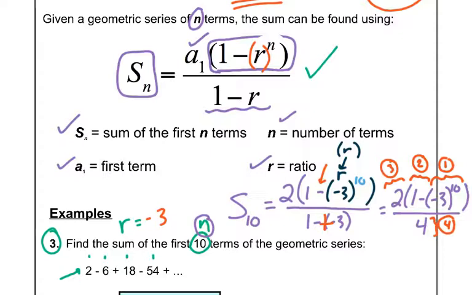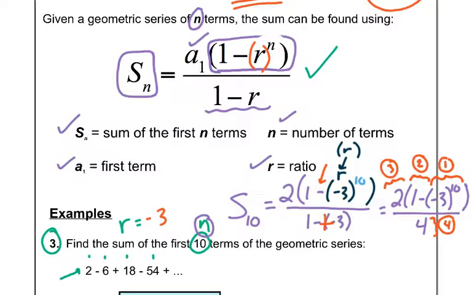Okay, let's put that in my calculator and I'll see how I do. So as I said, I'm going to take -3 and raise it to the 10th power. Okay, that gave me 59,049. Now I'm going to do 1 minus my answer button.